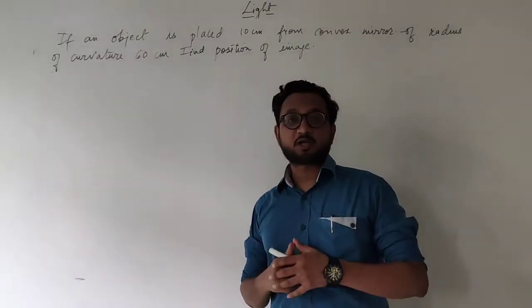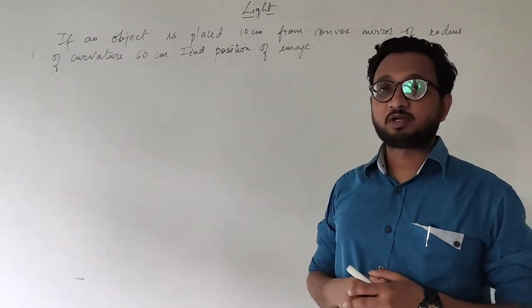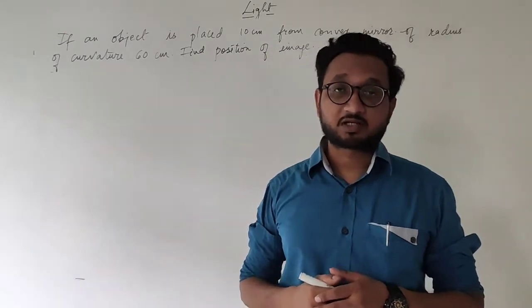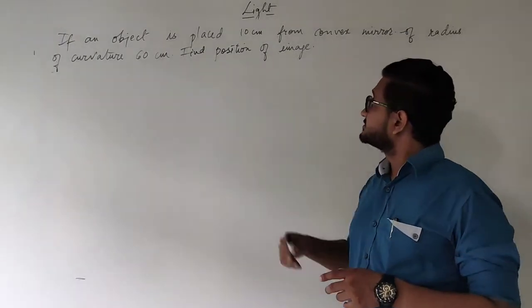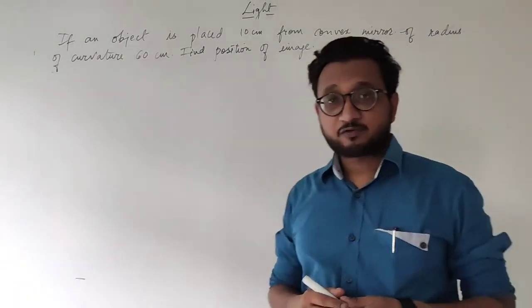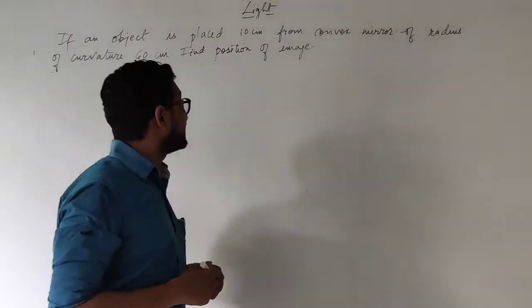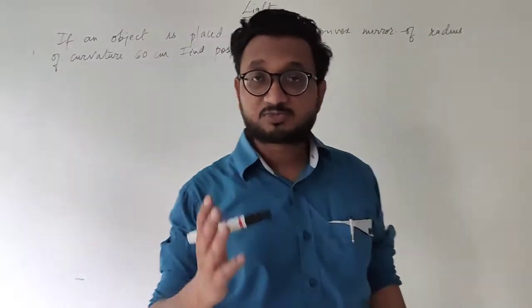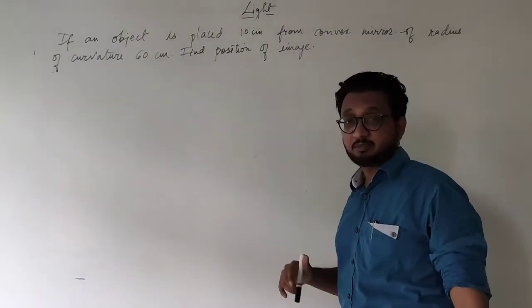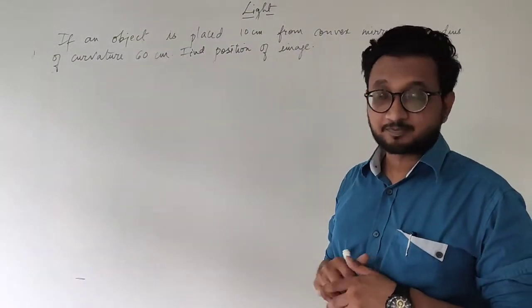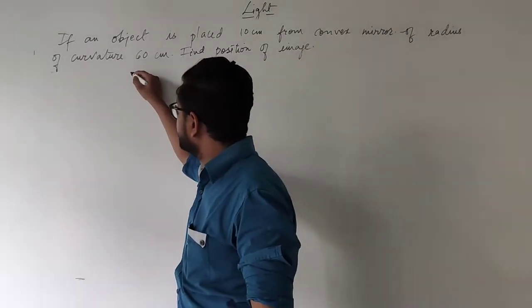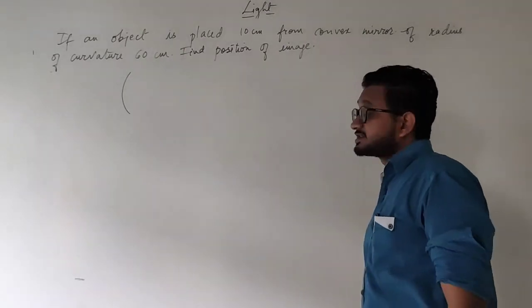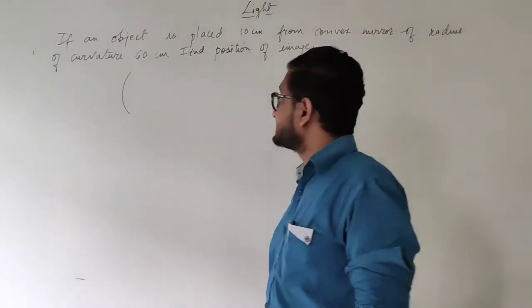Okay students, so a numerical for you based on the mirror formula, and this will clear many things for you while solving the numericals. If an object is placed 10 cm from a convex mirror of radius of curvature 60 cm, so you have been given the object distance, that is 10 cm from a convex mirror. Okay, convex mirror means this one, and its radius of curvature is 60 centimeters.